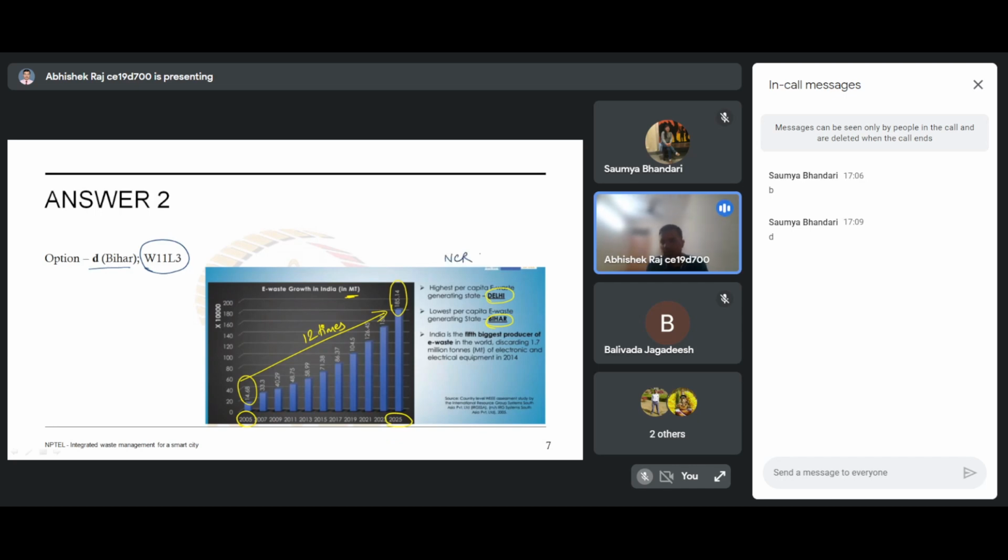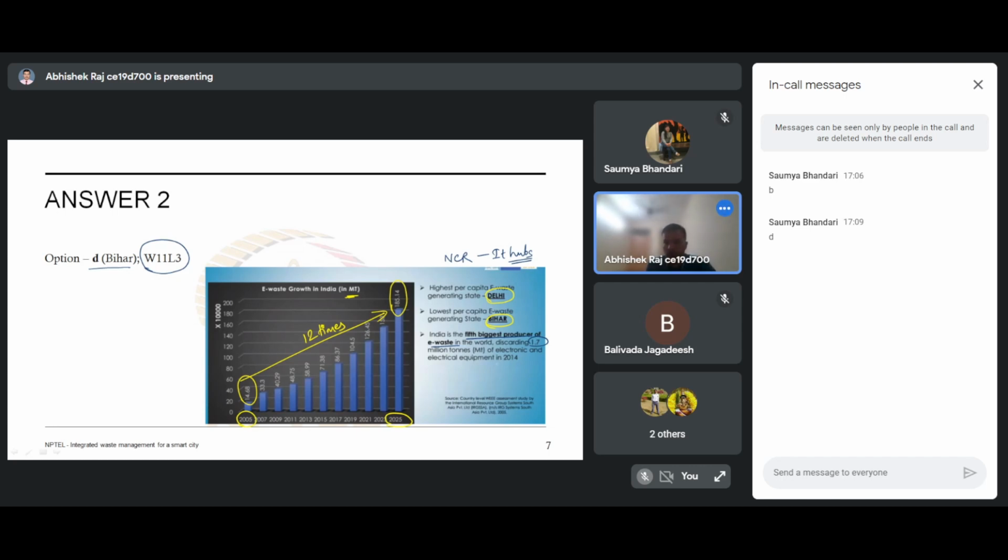NCR has the IT hubs in Gurugram, Faridabad, and Ghaziabad. So there are a lot of IT hubs, and consequently the e-waste production of Delhi goes up, and also the per capita income of Delhi is higher. All factors contribute to producing more waste per capita. India is the fifth biggest producer of e-waste in the world. It discarded around 1.7 million tons in 2014.